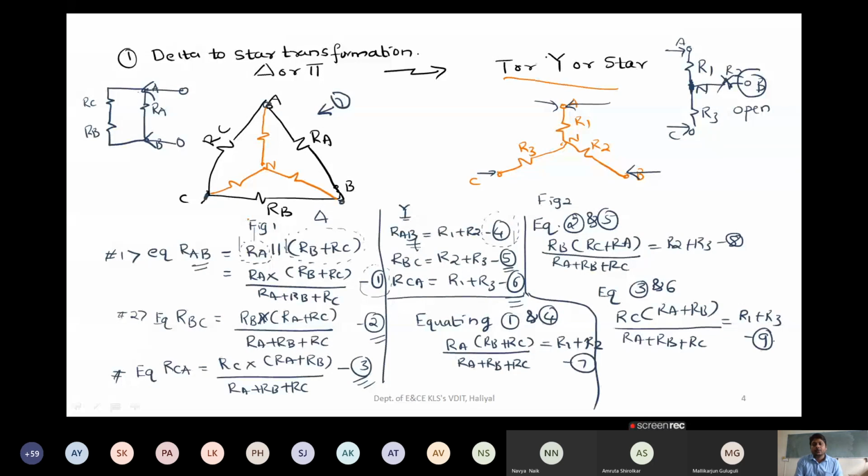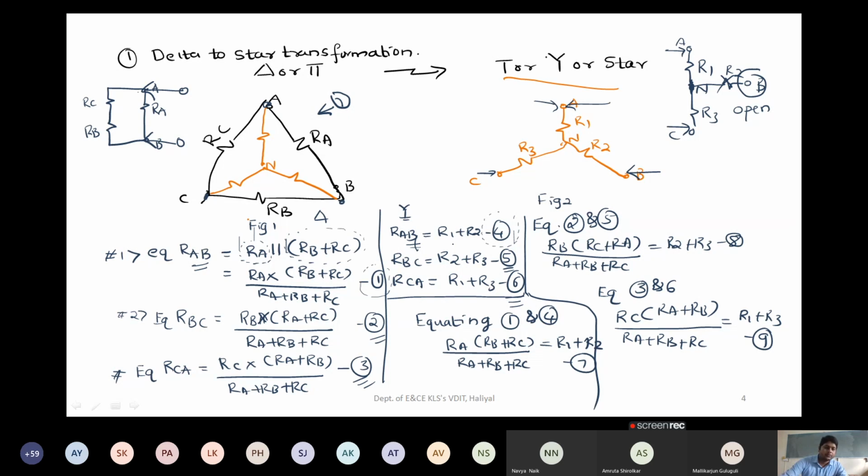Okay. So keeping these things in mind, next we need to come out with the equivalent resistance. We need to find what is R1 in terms of RA, RB and RC, what is R2 in terms of RA, RB and RC, similarly for R3 also. I will just illustrate for R1 on a similar basis. You can take it for R2 and R3 also.